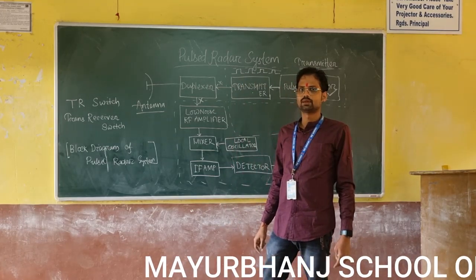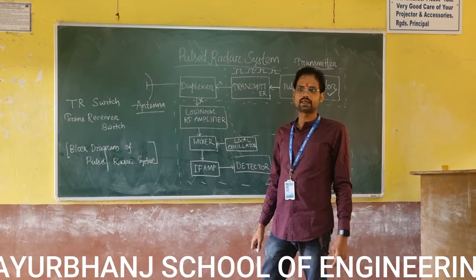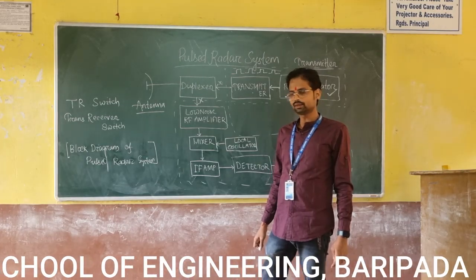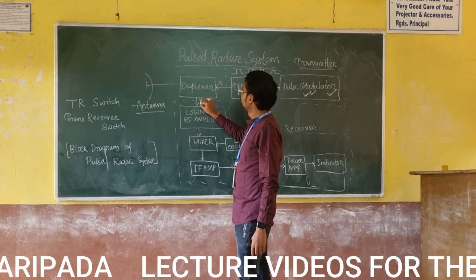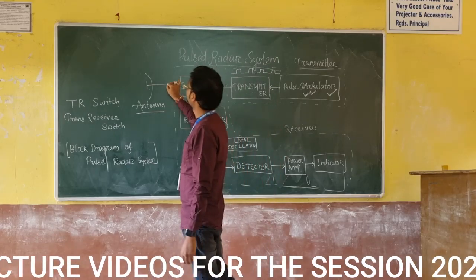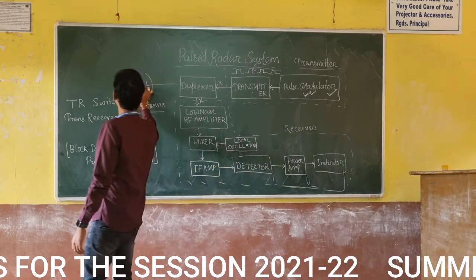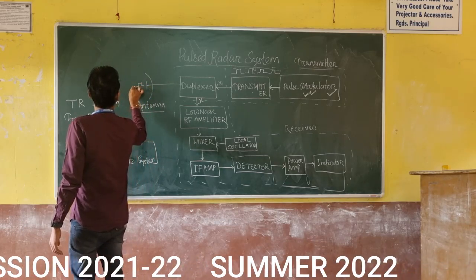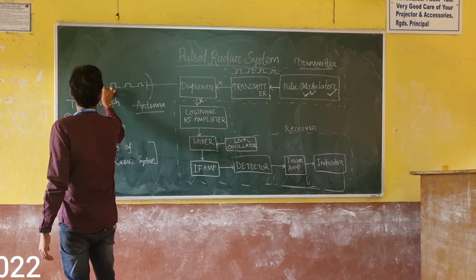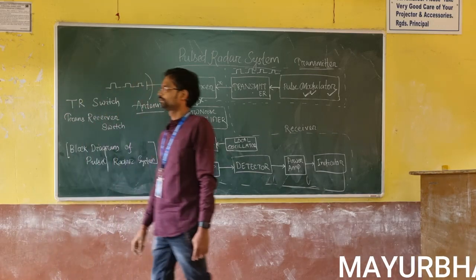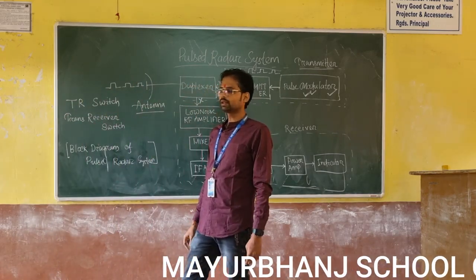Clear? Any doubt? Nothing. So after closing the path, the duplexer sends the pulse train to the antenna for the radiation or for the transmission of the pulse modulated signal. Clear?